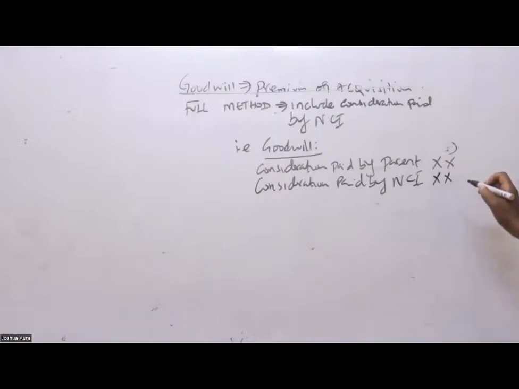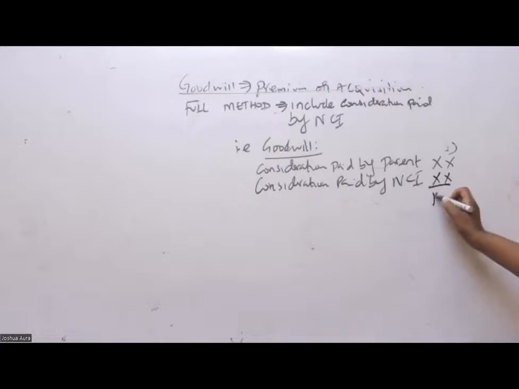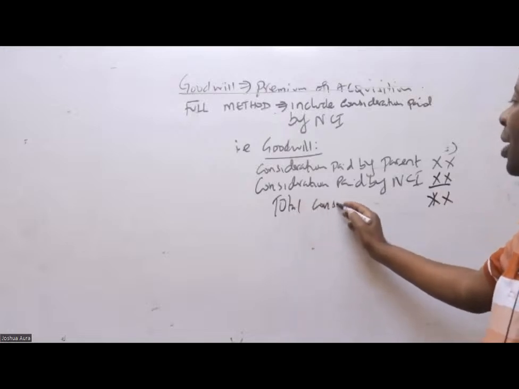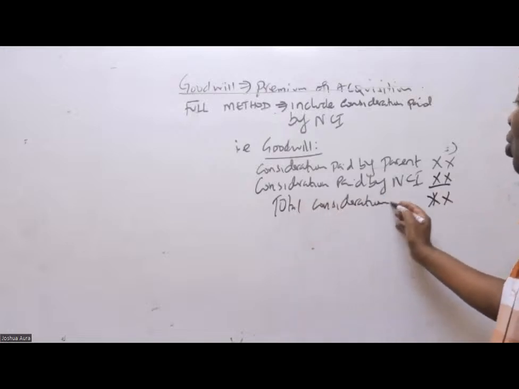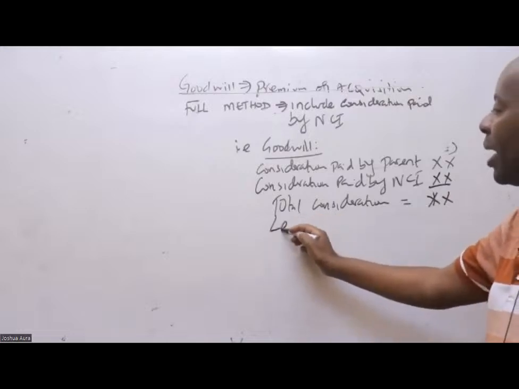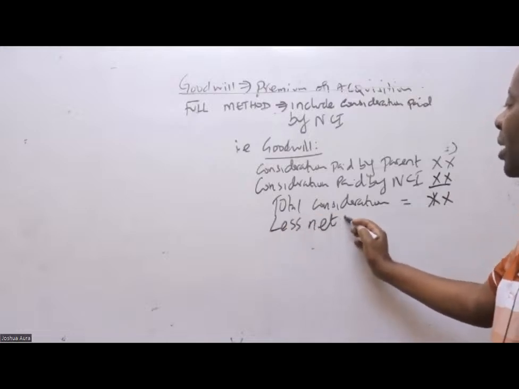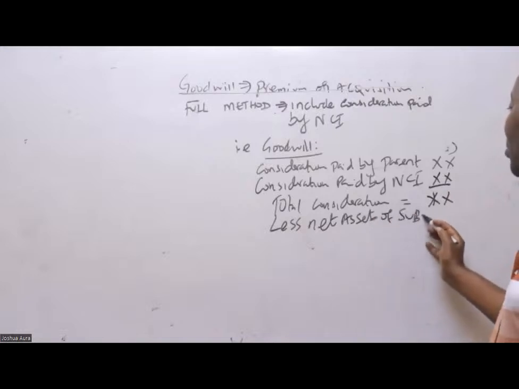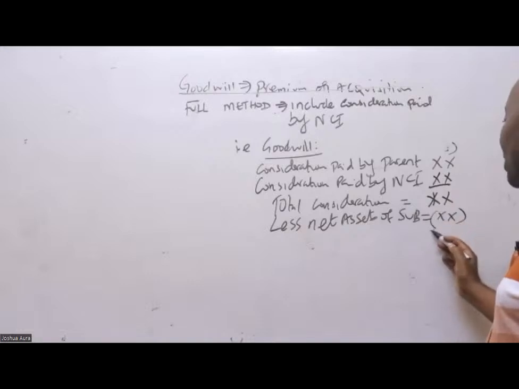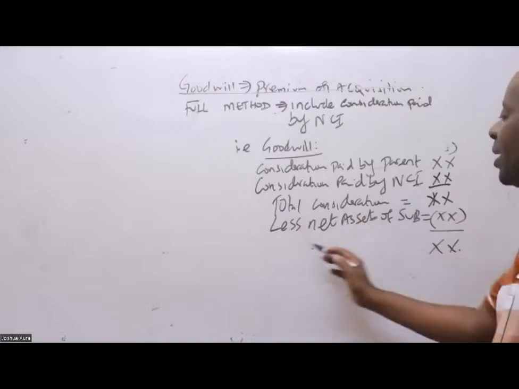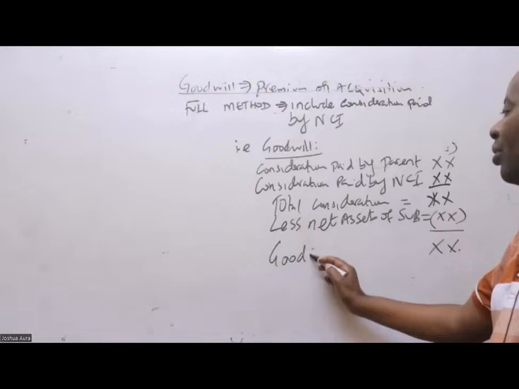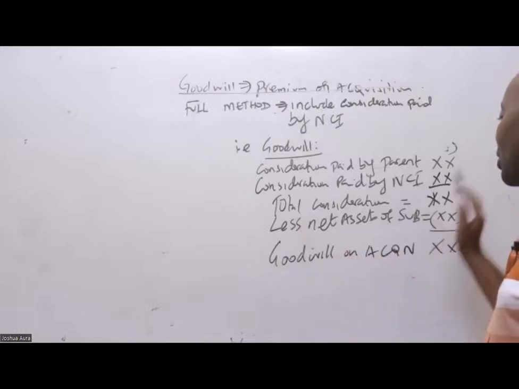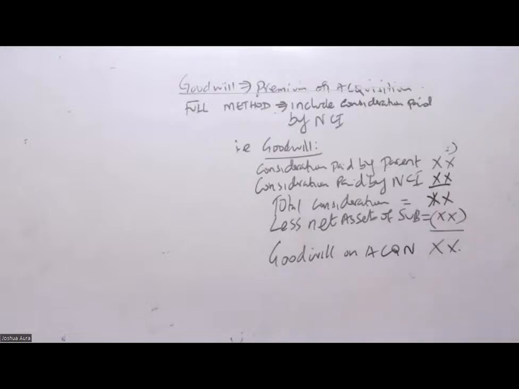Then, ladies and gentlemen, we shall get the total consideration. The total consideration will now be less the net assets of the sub. We subtract like that. Whatever we get here will be the goodwill on acquisition.